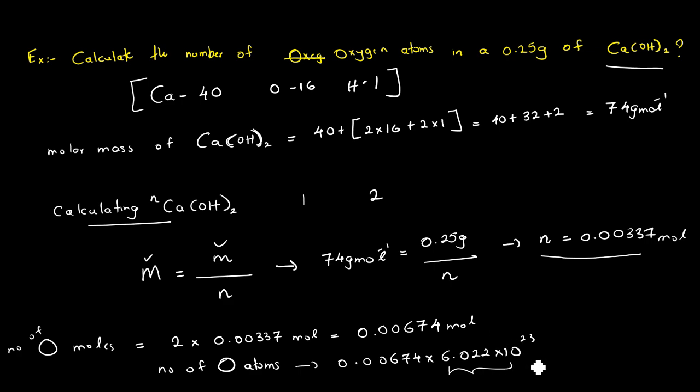If you take 2 moles, this times 2. So this is the answer you have. There are no units because we are giving an amount. This is the number of oxygen atoms in this particular sample.